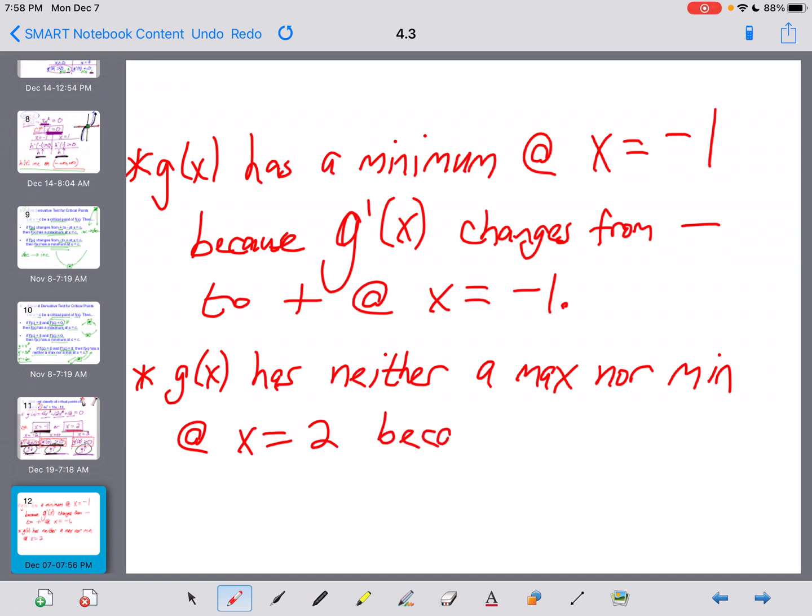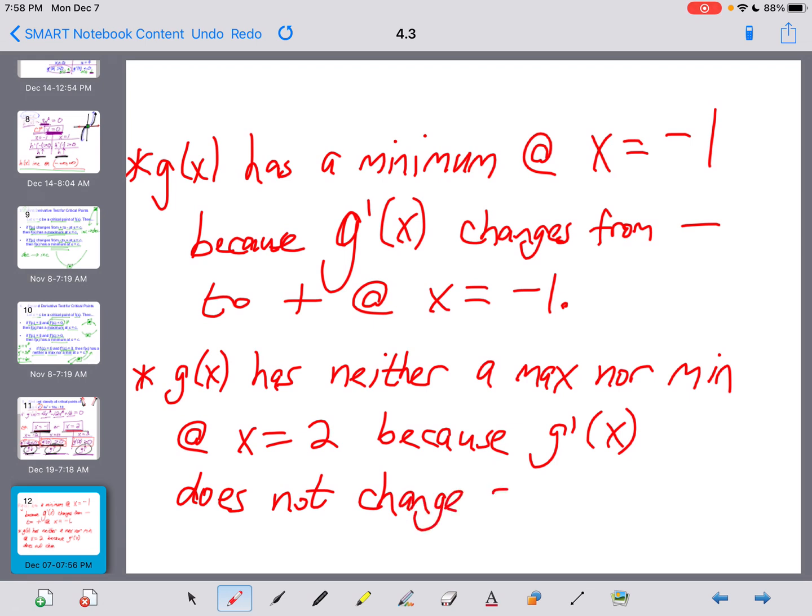And the reason for that would be because g prime of x does not change sign at x equals 2. And that's as specific as we need to be here, guys. Does not change sign at x equals 2.